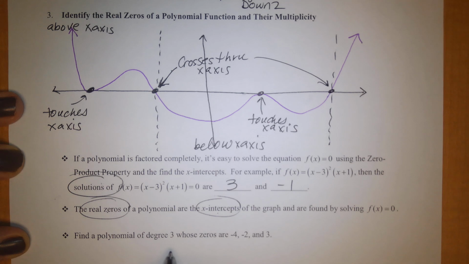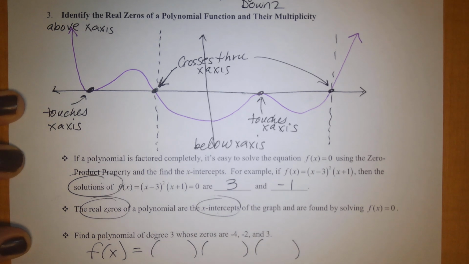Find a polynomial of degree 3 whose zeros are at negative 4, negative 2, and 3. So we're looking for a function with these three zeros. Well, I know the first zero has to be at negative 4.